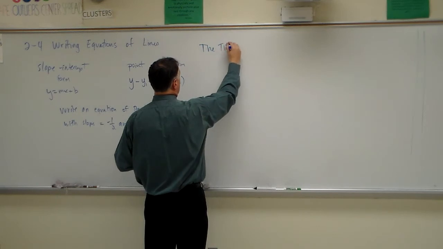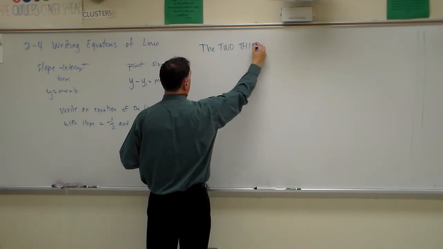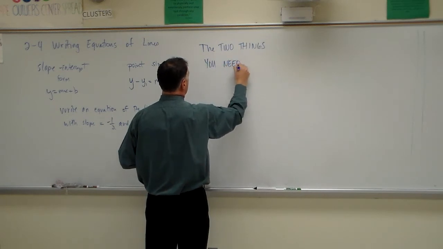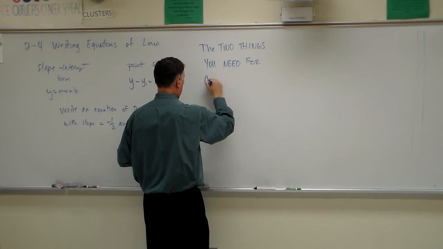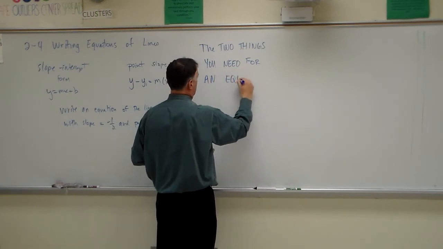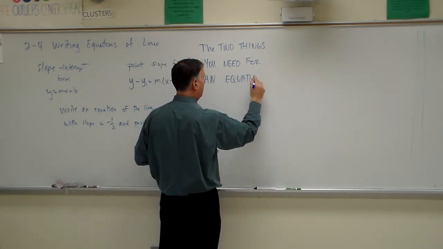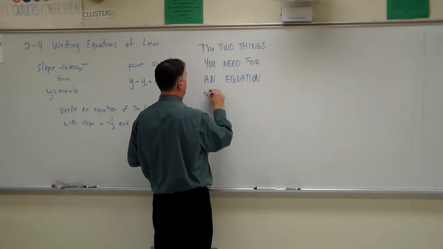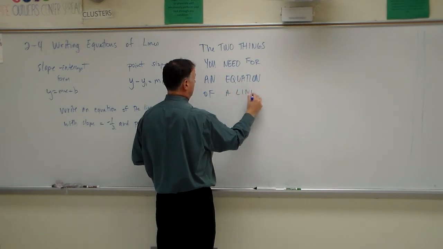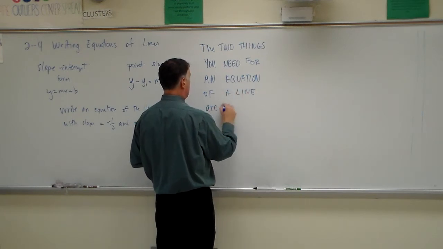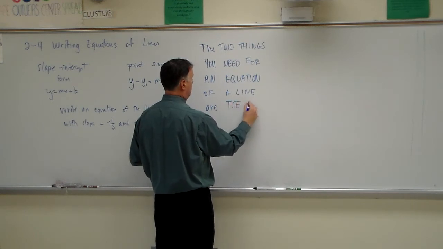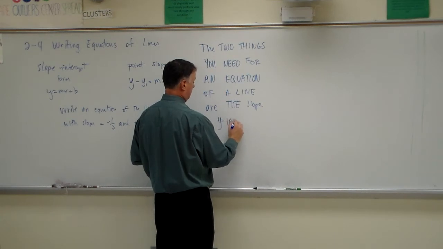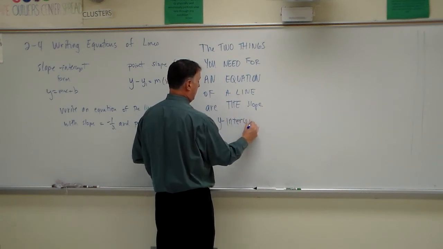The two things you need for an equation of a line are the slope and y-intercept.